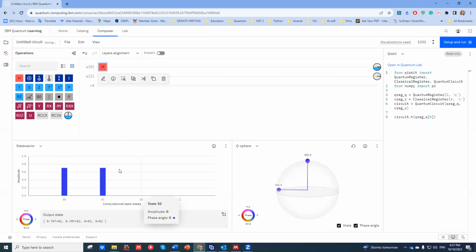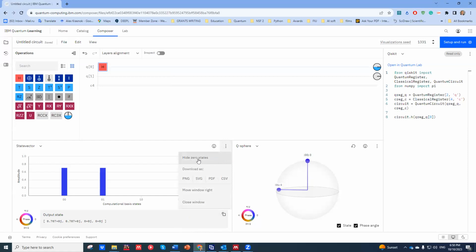Before that, our state is 0, 0 in the first layer of the circuit. You can check that compared with our calculations. Then in the circuit, in the second layer, we get the superposition of 0, 0 and 0, 1.